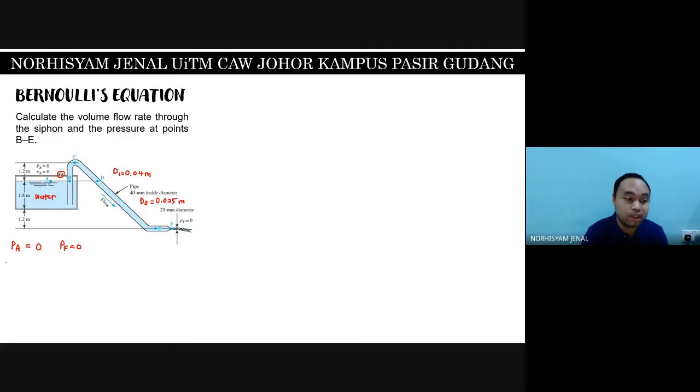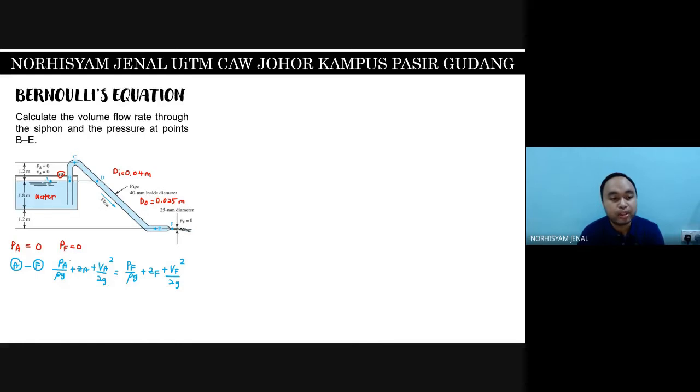For example, if we compare point A to point F, we get PA over rho G plus ZA plus VA square over 2G equals PF over rho G plus ZF plus VF square over 2G.